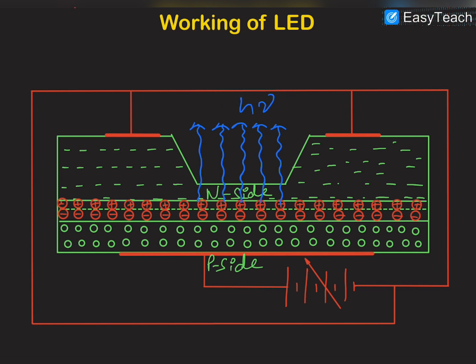They may be reabsorbed inside the material of the LED, and again an electron-hole pair will be created, so these photons would not come out of the LED. To reduce this probability, we have created this well type structure, so that as soon as the photons are generated at the junction, they are emitted out of the LED and can be seen as light, and they are not reabsorbed in the material of the diode. Therefore, this well type structure is created in the LED.